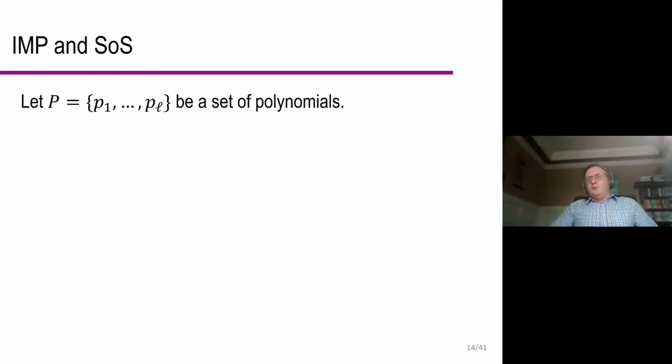Suppose I have a bunch of polynomials, P1, ..., PL. Those polynomials may serve some purpose. For example, in the previous example about the graph and two-colorings, those may be domain polynomials that basically say that x, y, z can only be 0 and 1 and nothing else. So the polynomials would impose some constraints on the interesting values of the variables.